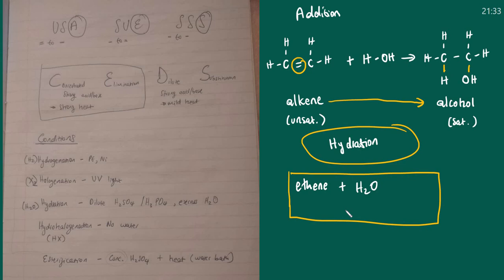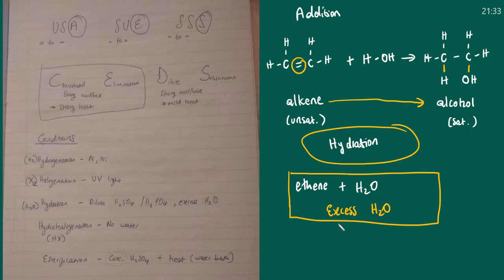So for you to do this, the condition is simple. It's nothing really rocket science. For you to have the reaction occurring, make sure that you have excess water. Just make sure that you have excess water, so that it should be in a water bath, right? But if we say water bath now, we are saying we should have even heat. Here we don't need heat, we just need excess water for this thing to occur.